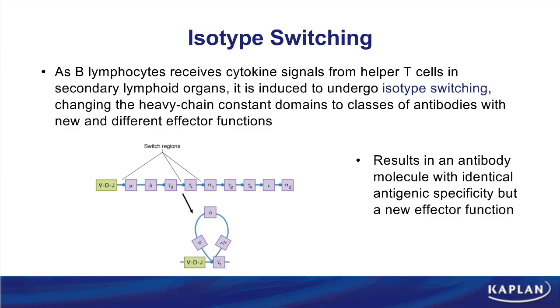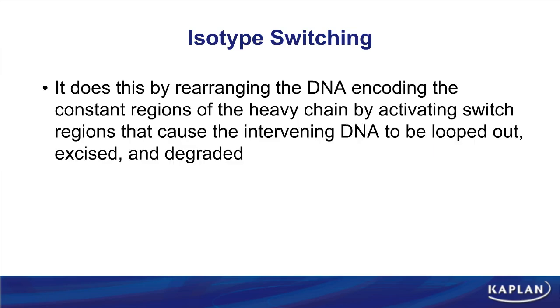And if that memory cell comes in contact with antigen that it's specific for, which of course we hope it does, it will differentiate into a plasma cell that also makes IgG1. So that is a one-way switch. And again, with class switching, we are changing the effector function of that antibody molecule.